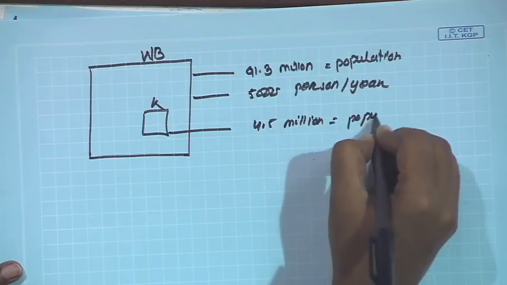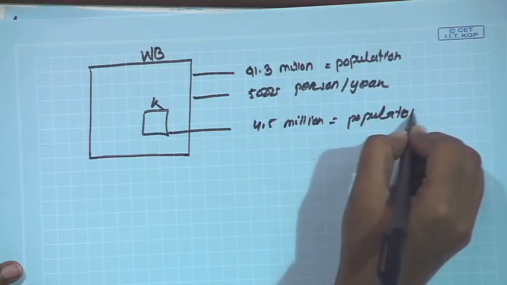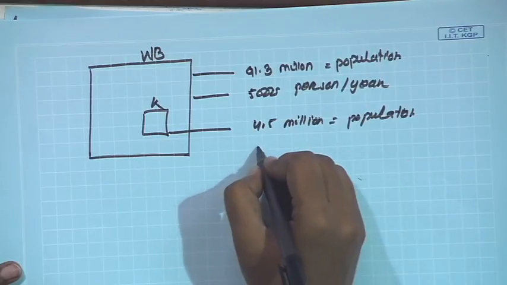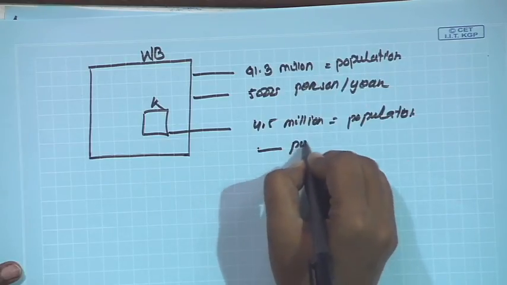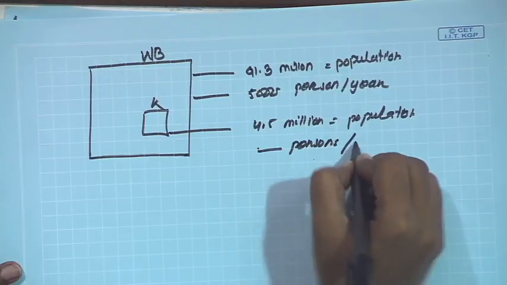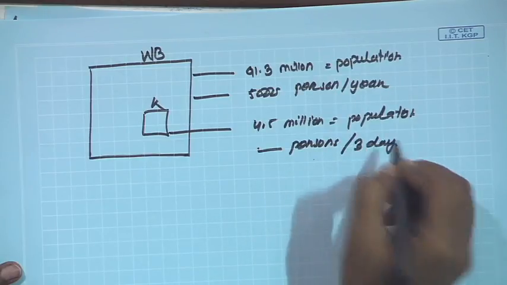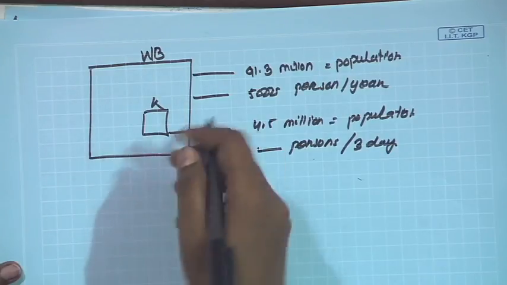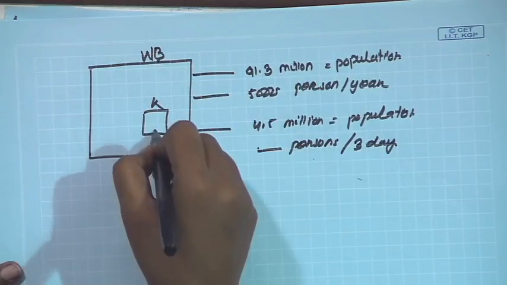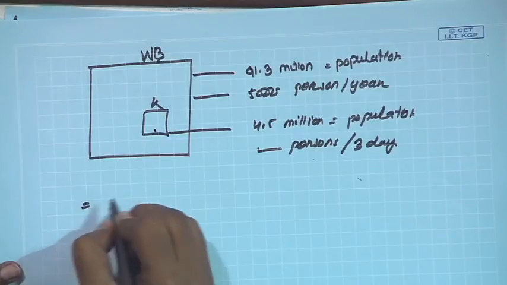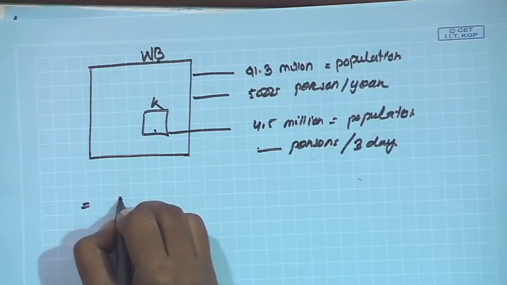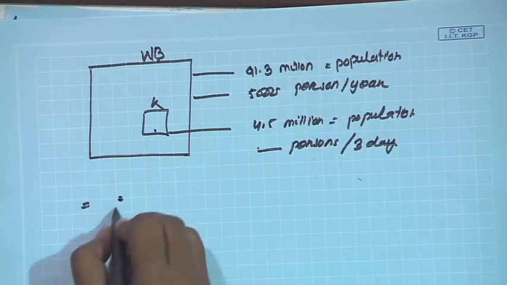We have to determine the fatality rate over 3 weekend days, that means number of persons per 3 days. Here we have to assume one thing, that the death rate pattern in West Bengal is similar to that of Kolkata. So, the fatalities that can be expected over a 3-day weekend in Kolkata area can be calculated by using the given equation.